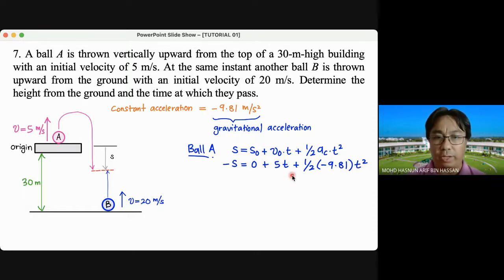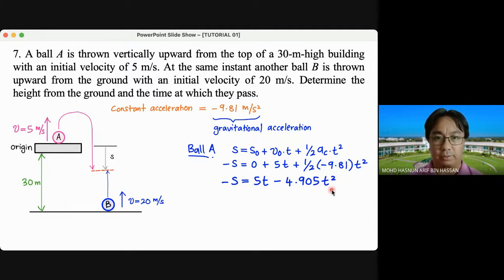Okay, so this is what we have. So bila kita buang 0 here and we multiply 1/2 with minus 9.81, we will get minus S equals 5t minus 4.905 t square. Okay, kita boleh solve ataupun kita boleh buat sampai sini saja.